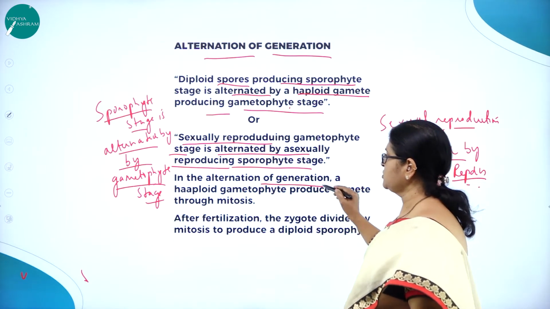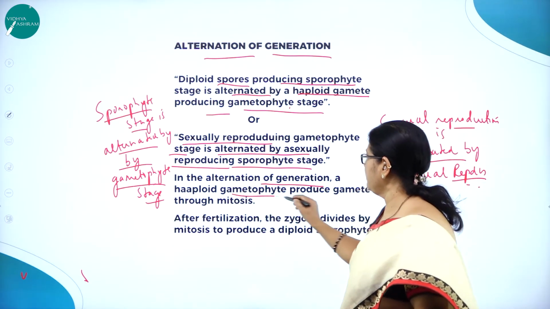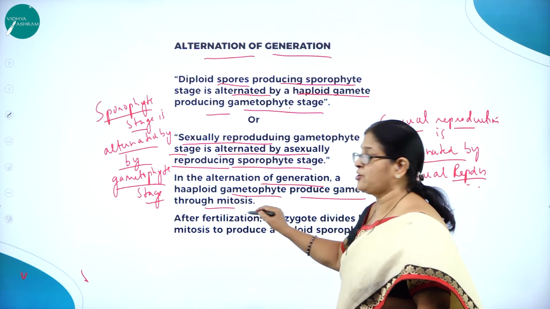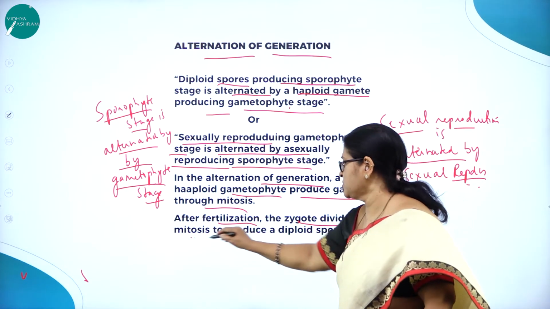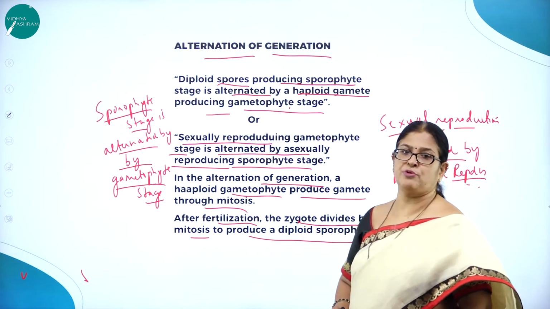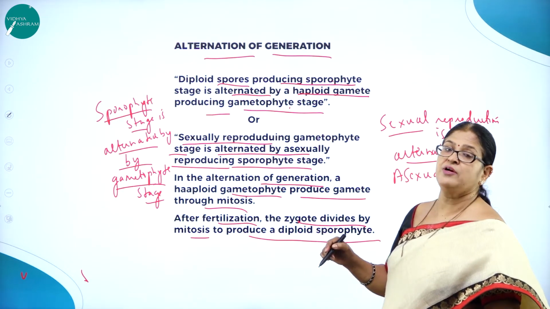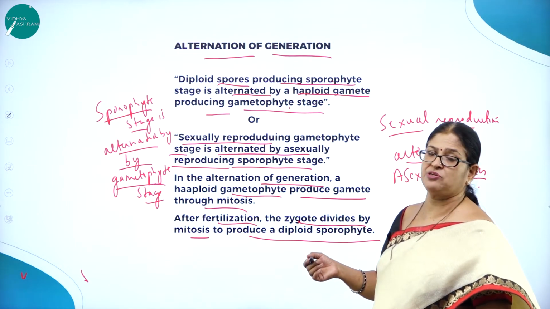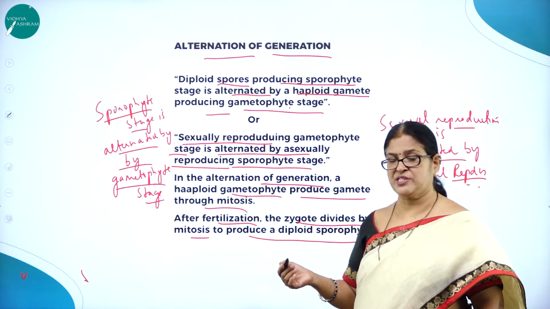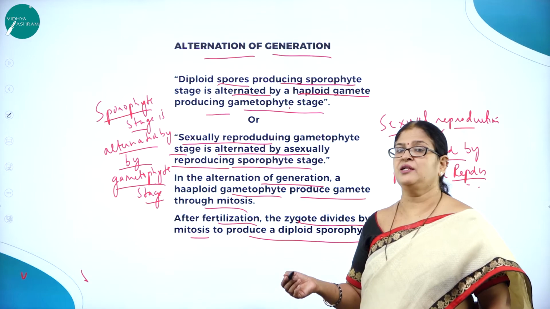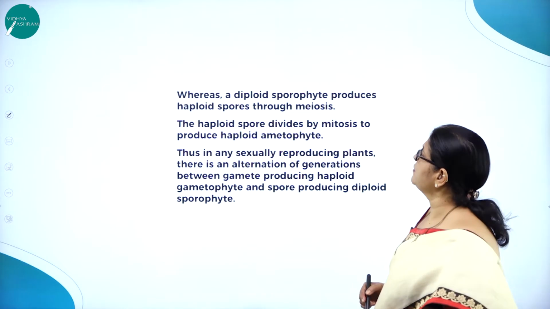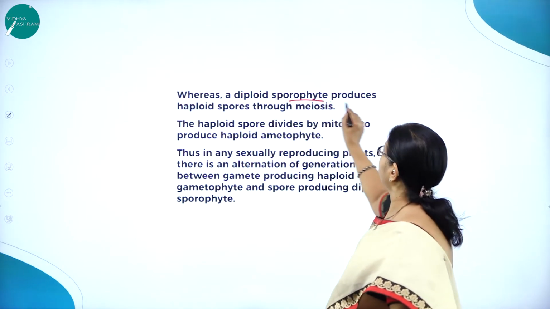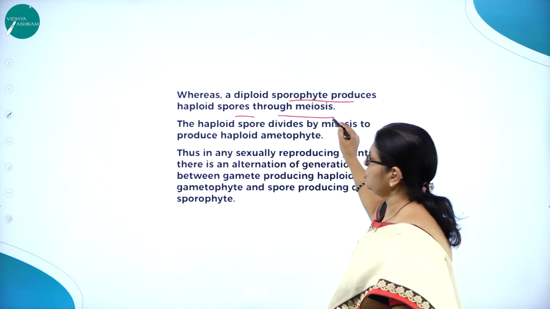Now, in the alternation of generation, a haploid gametophyte produces gametes through mitosis. After fertilization, the zygote divides by mitosis to produce a diploid sporophyte. Based on that, we have different types of alternation of generation, like haplontic, diplontic, and haplodiplontic life cycles. A diploid sporophyte produces haploid spores through meiosis.